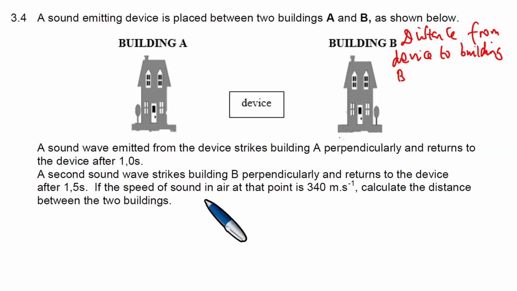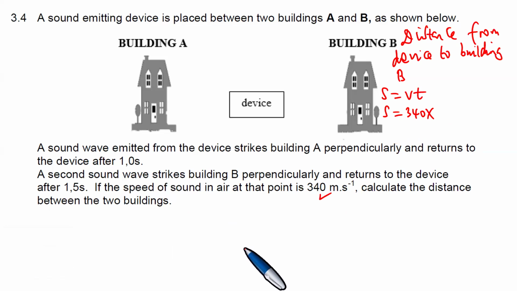That distance is S equals VT, use this formula. So which means S is equal to, we use 340 meters per second, we multiply by the time.